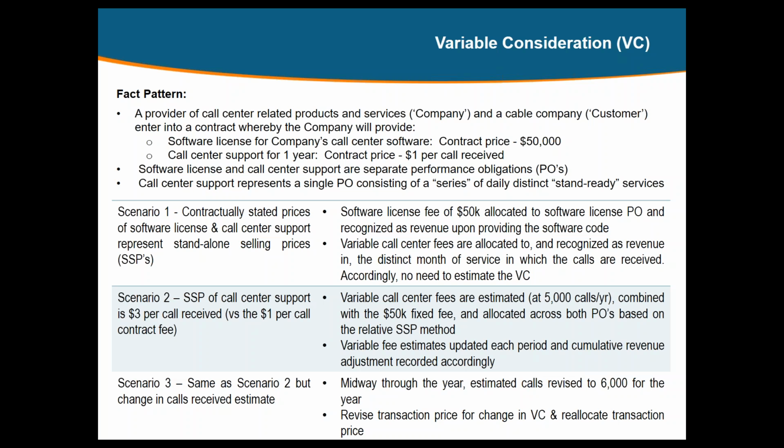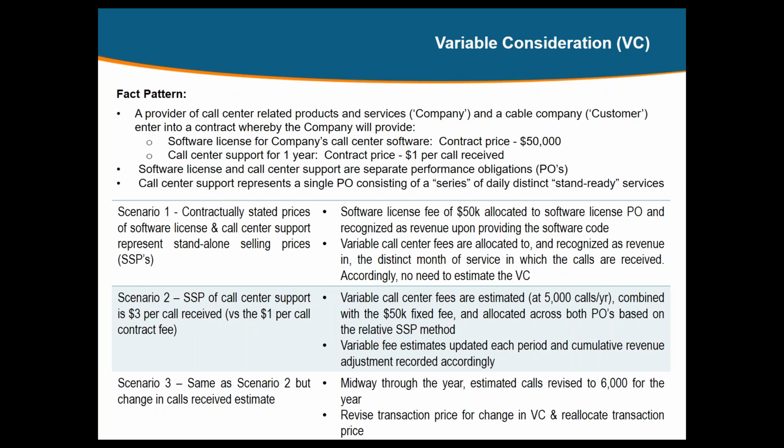So what this means for this example is the software license of $50,000 would be allocated just to the software license performance obligation, and presumably it would be recognized as revenue upon providing that license. The variable call center fees, however, could be allocated to each distinct period of service, so each day, or you accumulate them into the month if the month is when billing happens. Because of that, let's say in month 1 there are 500 calls, you would allocate that $500 just to month 1, and because you've satisfied that service in month 1, you would recognize all $500 of that revenue in month 1.